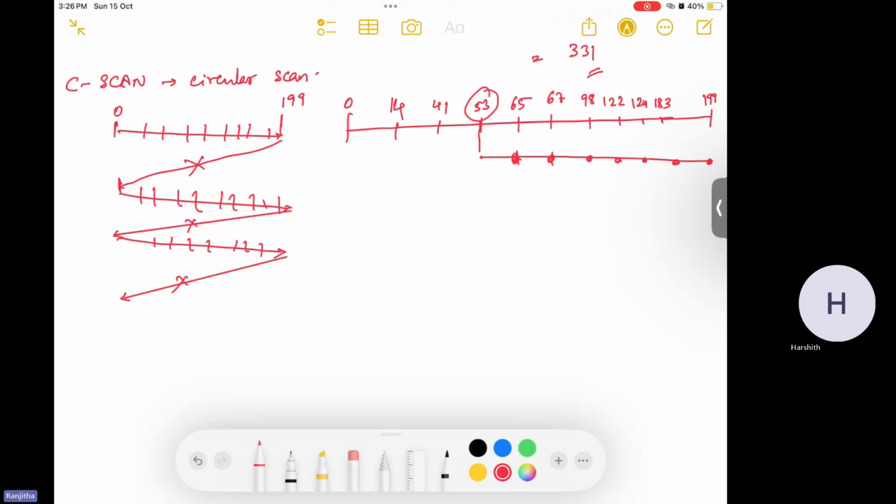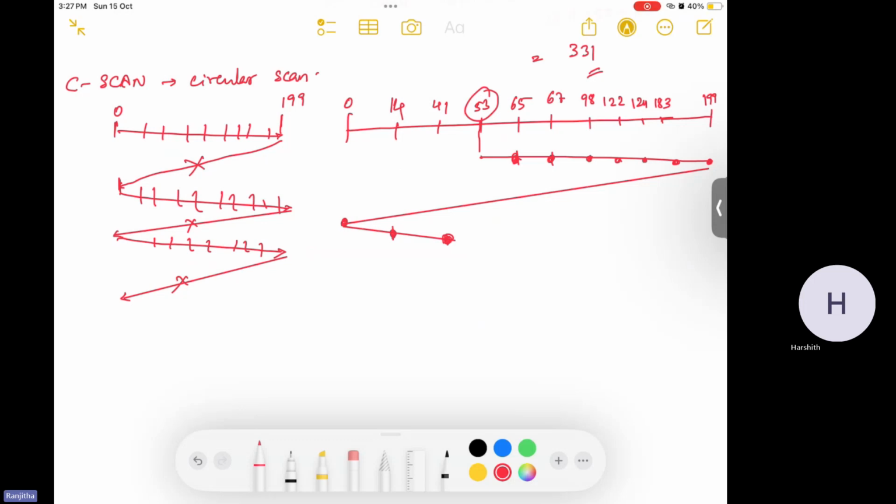Then in the reverse direction there won't be any read done. It will come all the way to 0. Then from 0 it will go all the way to 41. In this forward direction, again, the pages will be read.